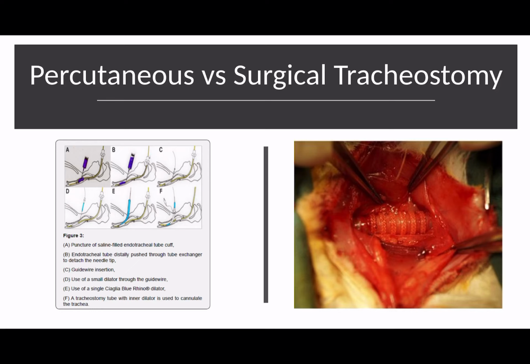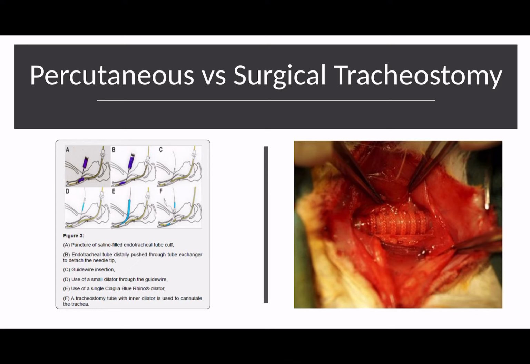In the old days, when I first started training, it was quite uncommon for tracheostomies to be done on intensive care. Pretty much all of them went down to theatre, and in theatre, the surgeons would open up the neck, expose the trachea. You can see here this is actually a tracheal graft that's being put in, but the real trachea looks fairly similar to that.